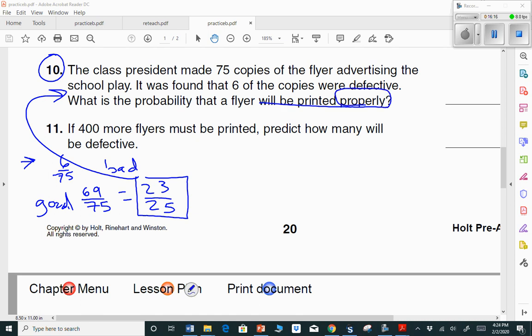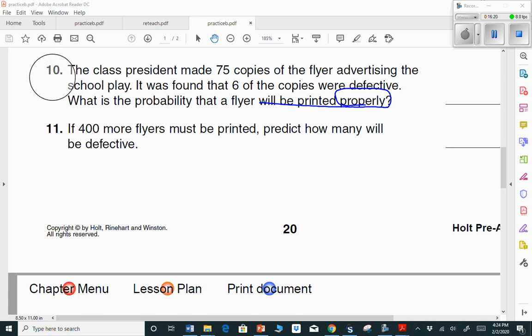Okay. All right, let's look at number 11. If 400 more flyers must be printed, predict how many will be defective.